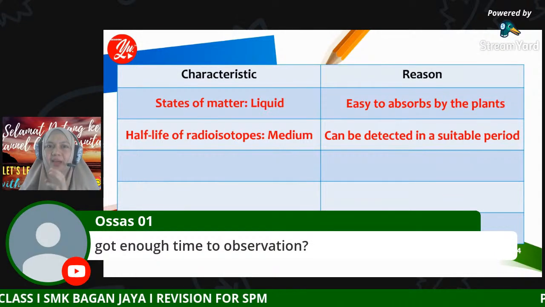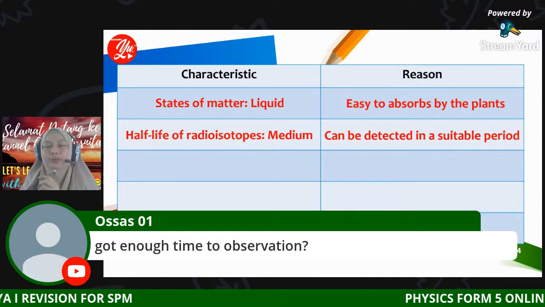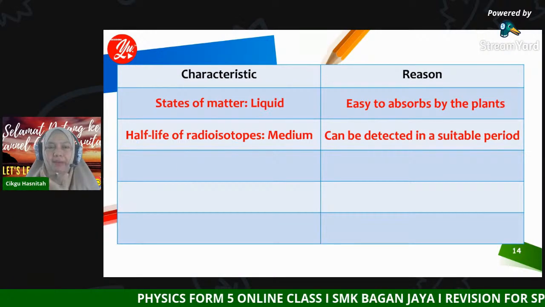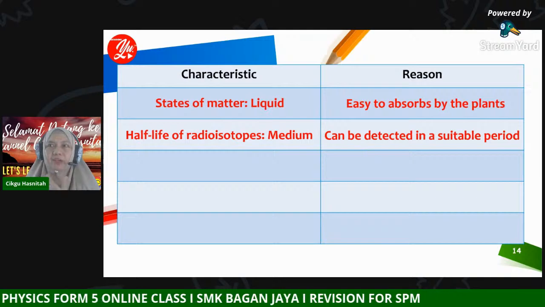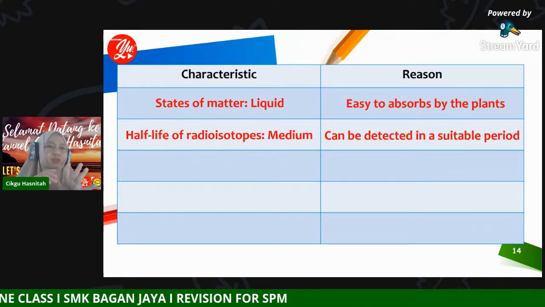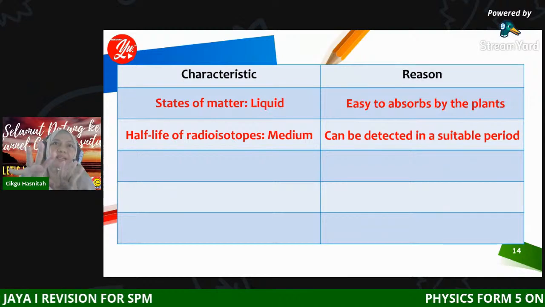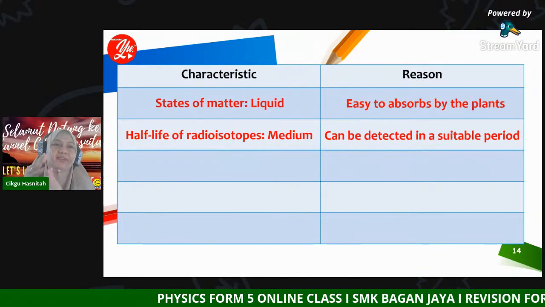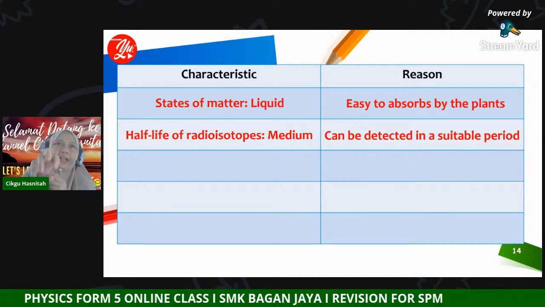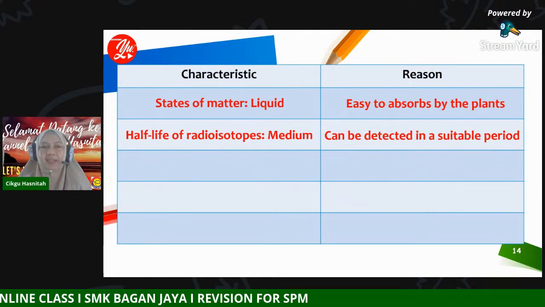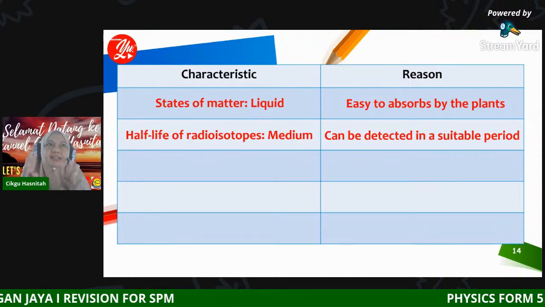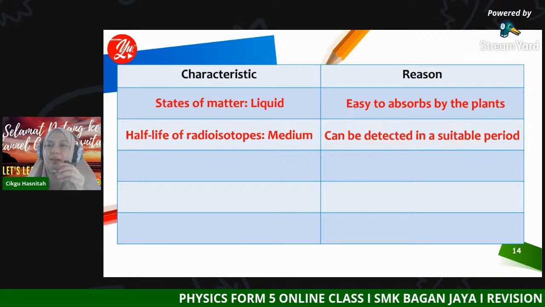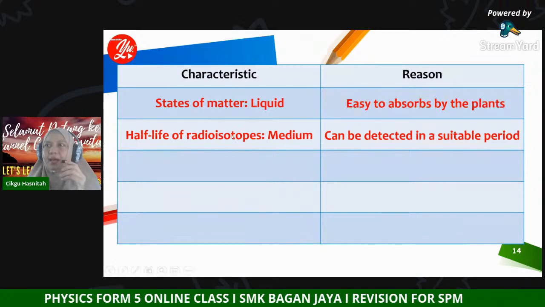Enough time to absorb, for the plant, so we can study. If 5 minutes, it is too short. It doesn't absorb yet, but the radioisotope will decay, because the half-life is very short. Not enough time for the plant to absorb yet, and it has already decayed. So 14 days is just a good period. 14 days, medium.